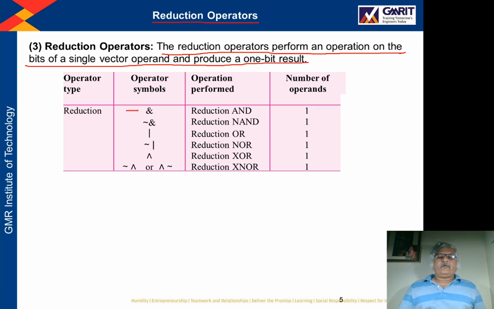So this is the first one, ampersand. This is reduction AND operation, right? It has one operand. All the reduction operators have one operand. So if ampersand is having 2 operands, operand number 1 and operand number 2, then this is the case of bitwise operator.